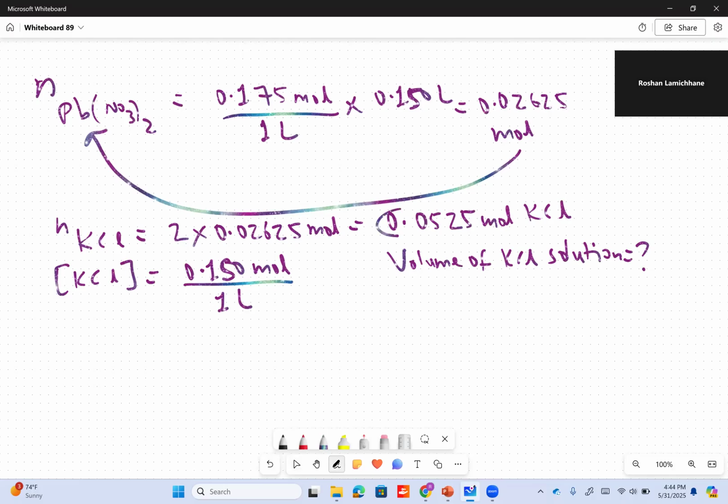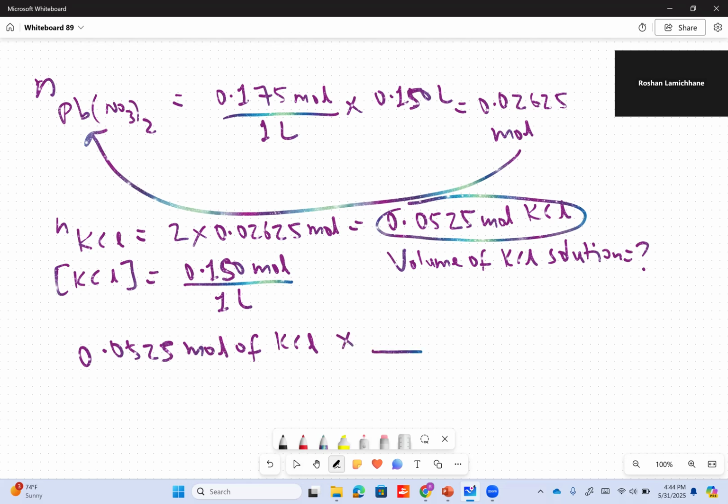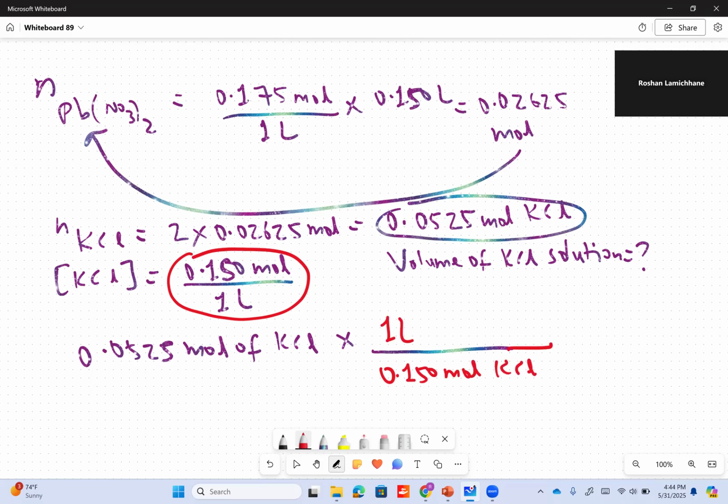The data given is 0.0525 moles of KCl, times my conversion factor, which tells me that 0.150 moles of KCl are present in 1 liter of KCl solution.